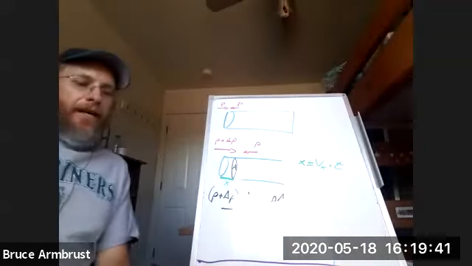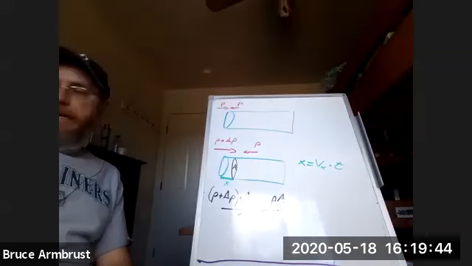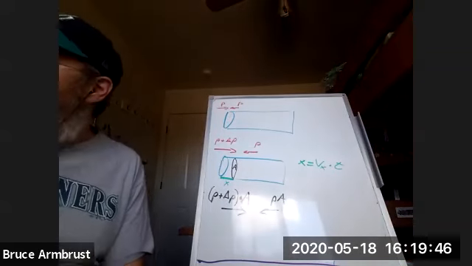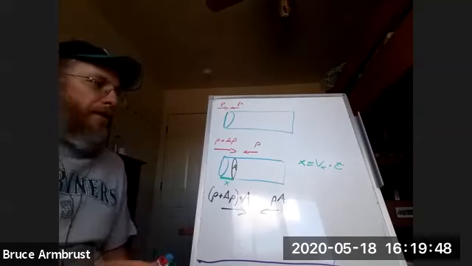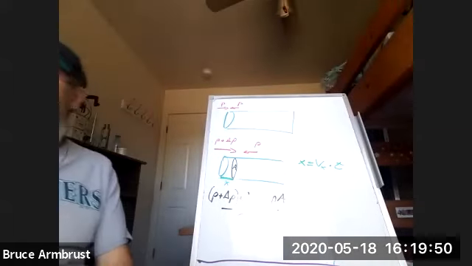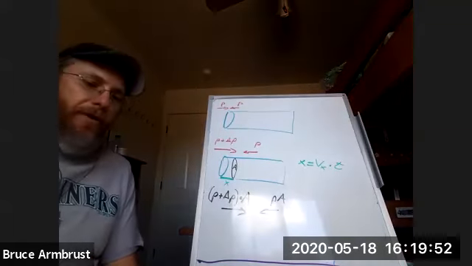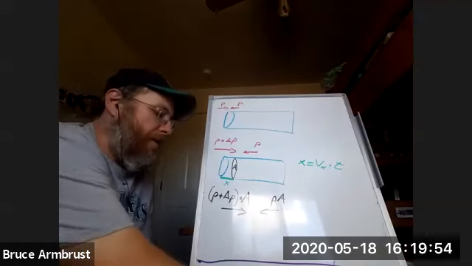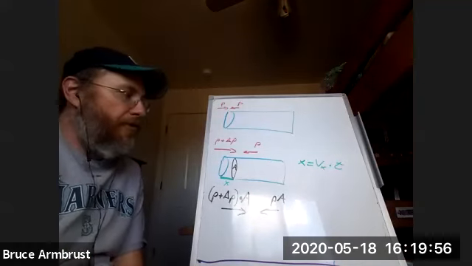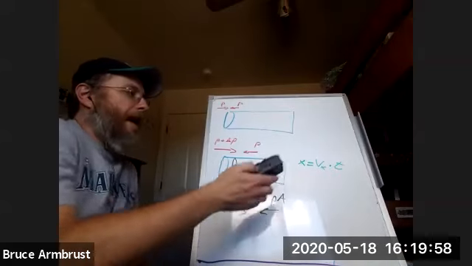Okay, so we've got that. And now we're ready to get to our speed thing, because you may remember that when we looked at the speed of the wave, it was the square root of the modulus divided by the mass density.